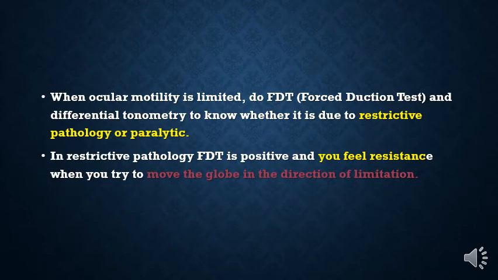When ocular motility is limited, do FDT, that is forced duction test, also known as forced traction test, and differential tonometry to know whether it is due to restrictive pathology or paralytic pathology. In restrictive pathology, the FDT is positive and you feel the resistance when you try to move the globe in the direction of limitation. Now I'll demonstrate the video of the forced duction test.